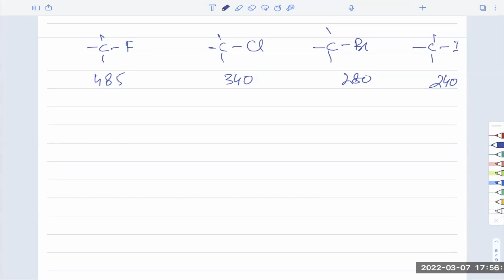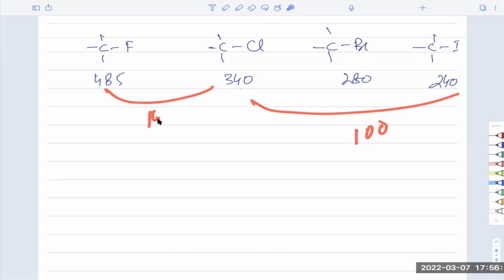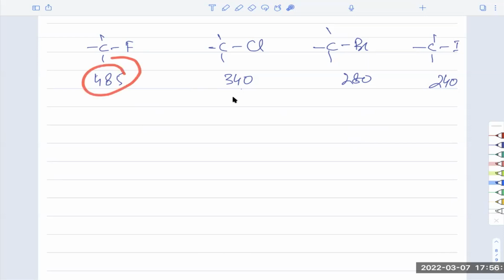The difference between these two is 100, and between these two is 145. So this is much, much stronger than any of these. Which is why nowadays we do not use chloroalkanes for refrigerants or aerosol sprays and all that, because they go and damage the environment. But we have no problem using fluoroalkanes, because fluoroalkanes will not cause any problem in the environment.